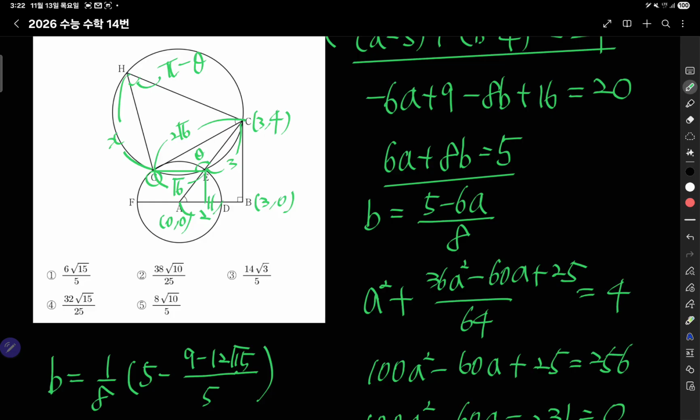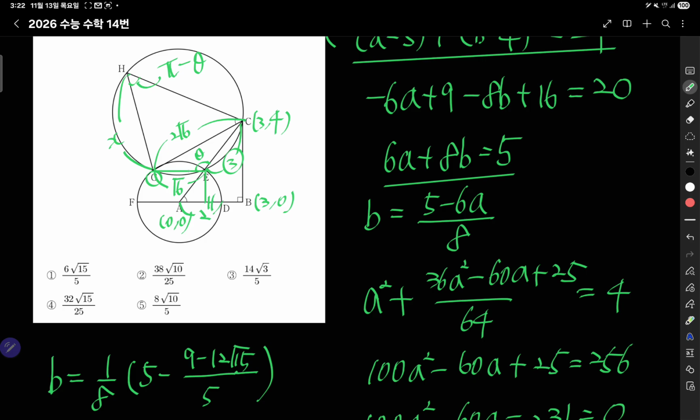So in triangle CGE, the length of CE is 3, because we subtract 2 from 5. So now we know all the side lengths of triangle CGE.